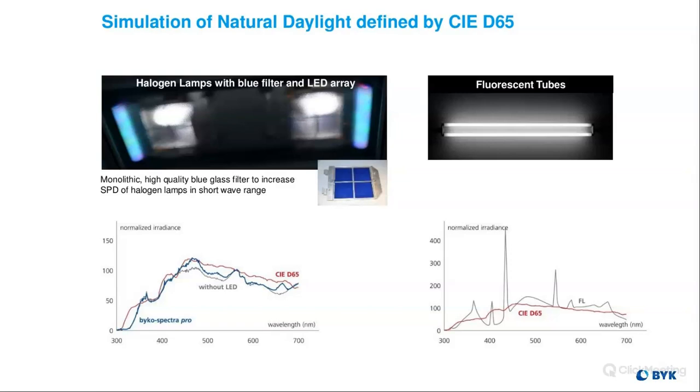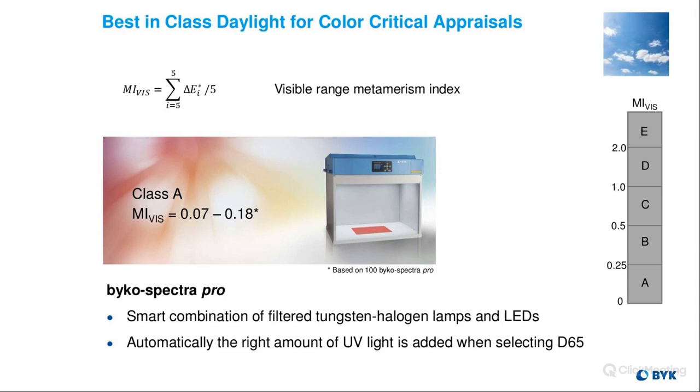So how do we classify how well that matches? With light booths and artificial light sources, there's a rating system called the MI-Viz. It's essentially how well can you replicate these standard light sources. It goes from A to E. Based off of this calculation for the MI-Viz, you can see that our light booth here, our Bico Spectra Pro, based off of 100 of them, so there's a lot of testing that was done, it was found to be a Class A light booth, meaning that it matched the standard light source as best as you can.